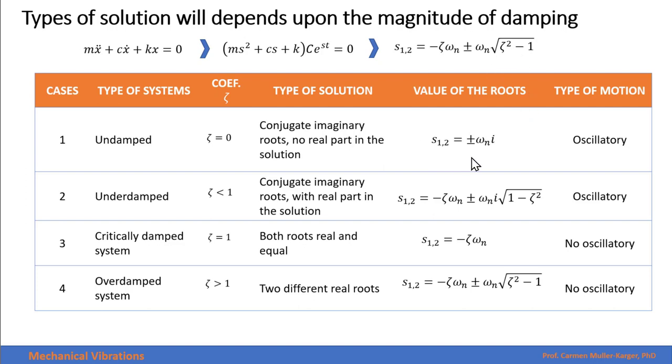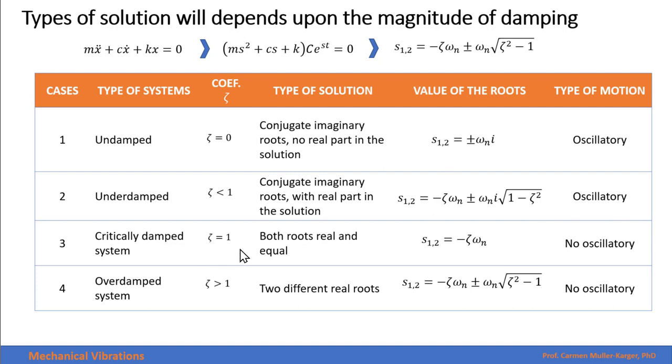So my two solutions are imaginary solutions. There is no real part in the solution, and we have plus or minus, and this solution is oscillatory. In the case that we have zeta less than 1, we can flip these two values, and we see that this becomes the imaginary part of the solution, and this is also oscillatory.